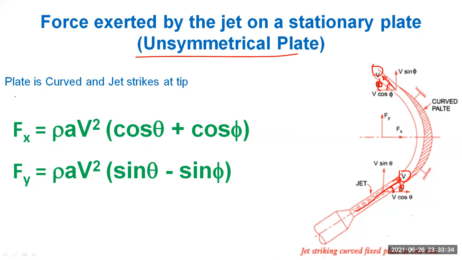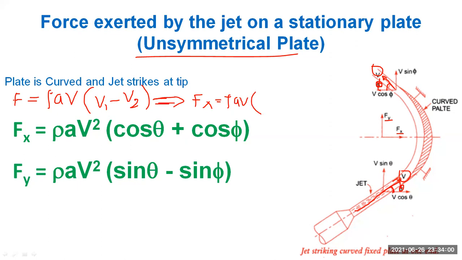Now we'll use the same principle. We have to calculate what Fx and Fy are for this particular case. So let us use the impulse momentum equation, that is rho a v into (v1 minus v2). Let us calculate Fx first. So Fx is equal to rho a v into (v1 minus v2).